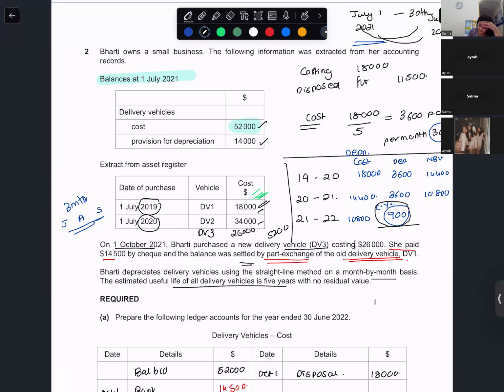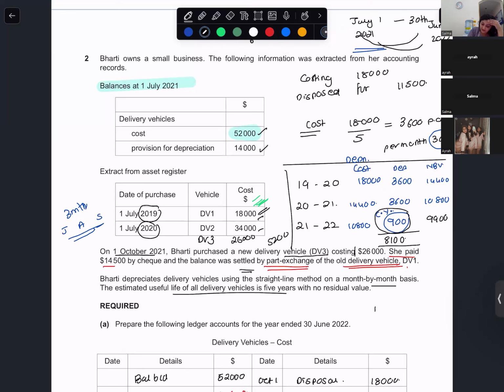What is the accumulated depreciation? 3,600 plus 3,600 plus 900. 8,100 is the accumulated depreciation. What is the net book value of the asset sold? 9,900.